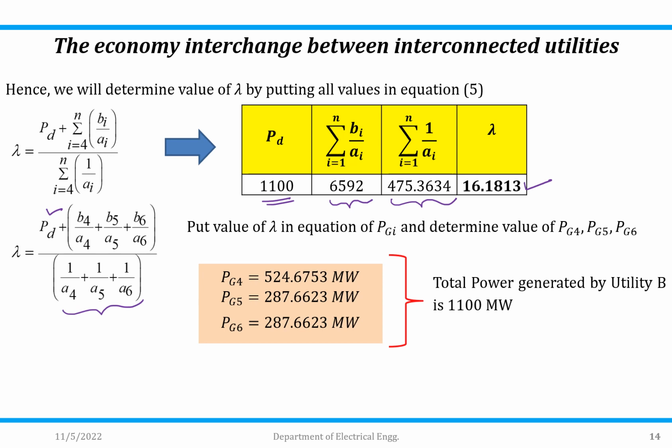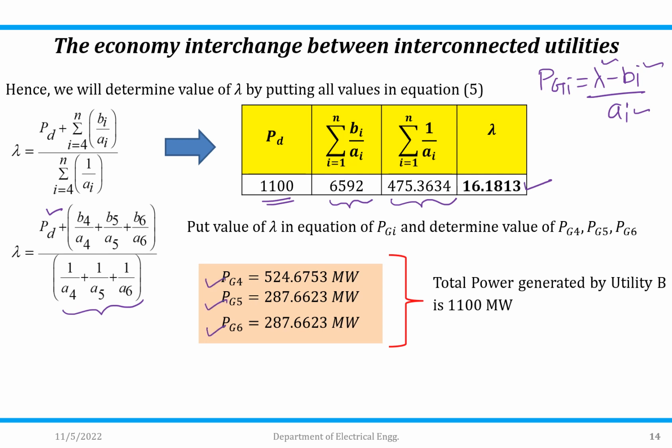Now substitute again in the formula: PGi will be equal to lambda minus Bi upon Ai. Take i equal to 4, so we get lambda minus B4 upon A4. We know the values of lambda, B4 and A4, so you will get PG4, PG5 and PG6.